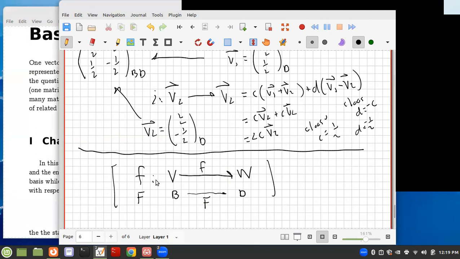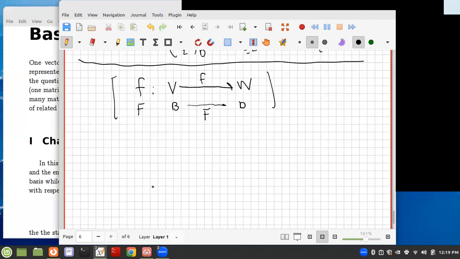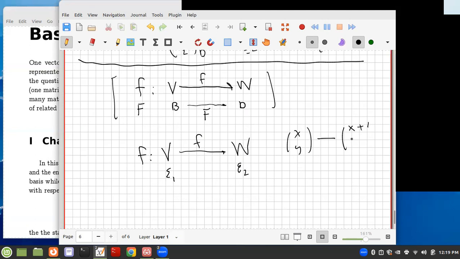But then the problem has been that what you've always had is F in the standard basis, V in the standard basis, say E1, to W in the standard basis here. So I've always given you column vectors to column vectors, right? So your F might be X, Y to X plus Y, X minus Y. And then I've asked you, well, what's the representation of this if I choose to?